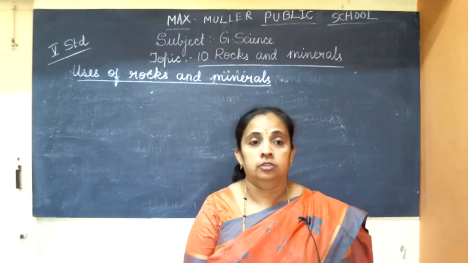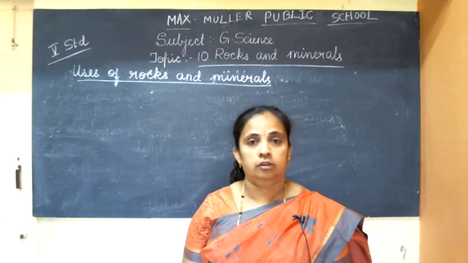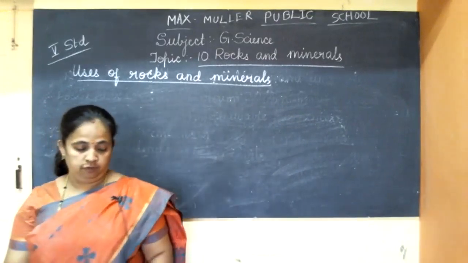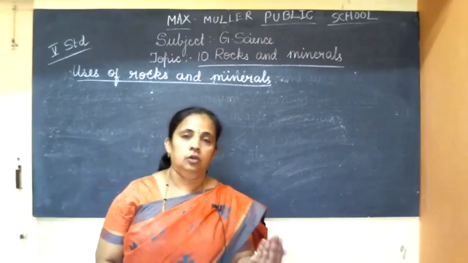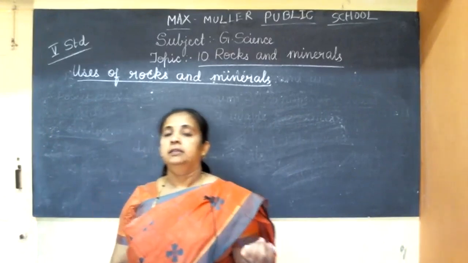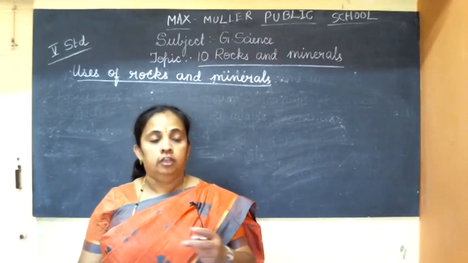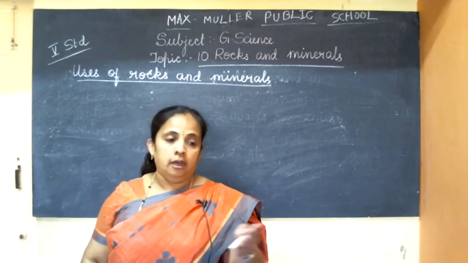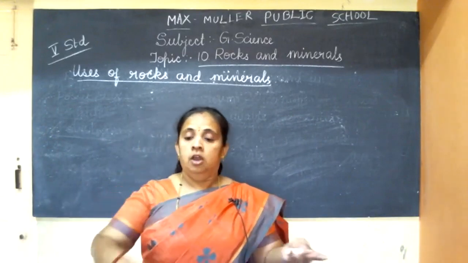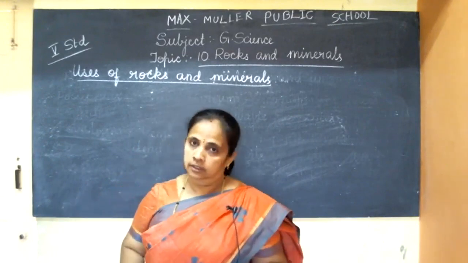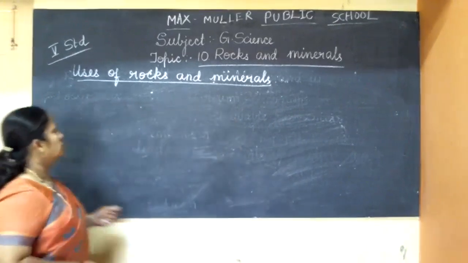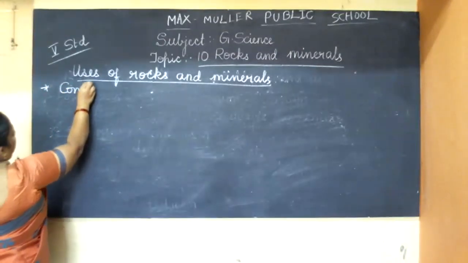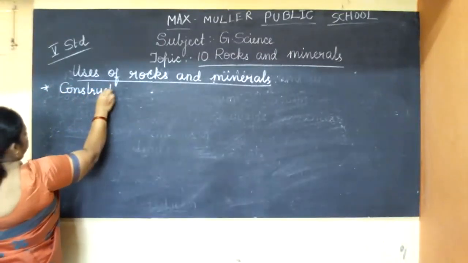The first and foremost thing: when I explained the different kinds of rock and their uses, you might remember that rocks are used for building purposes, to make roads, for kitchen countertops, or for floors, is it not? So the important use of rocks and minerals is in construction.